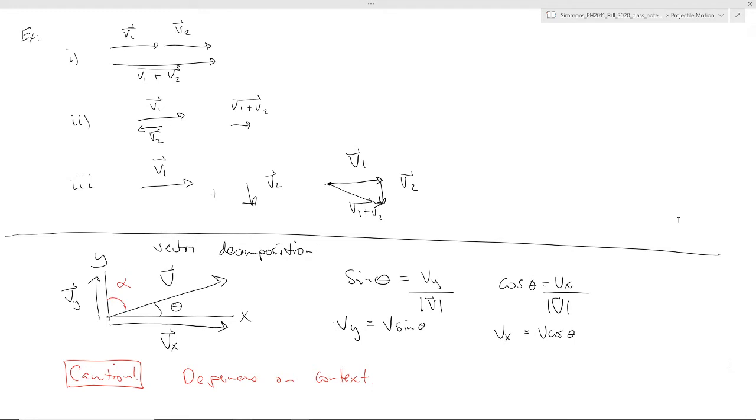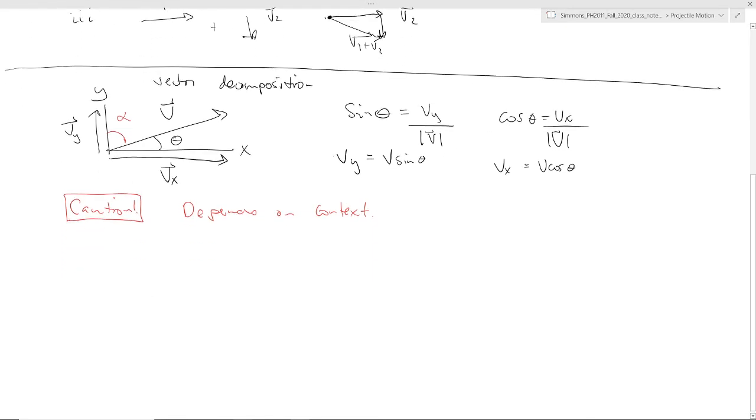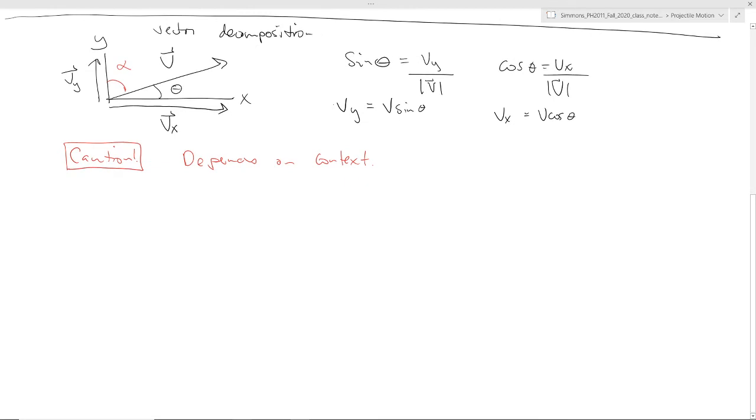So while we're talking about vector decomposition, this is actually a really good time to talk about, in addition, how do we indicate vectors that are along the coordinate directions in a rigorous way. And we do this using this idea of unit vectors.